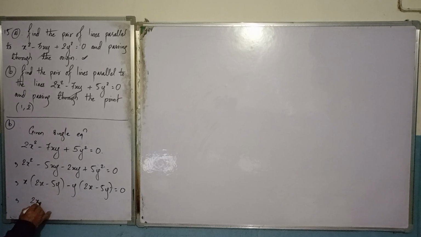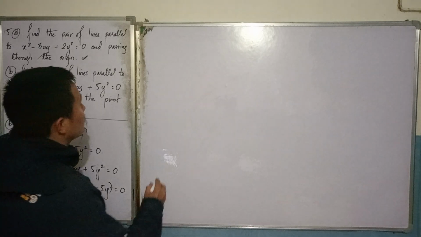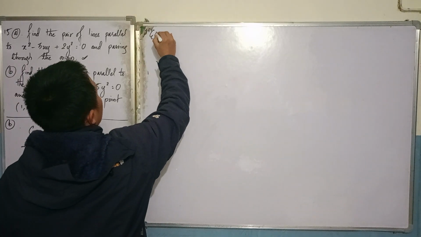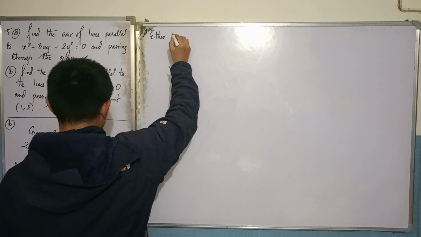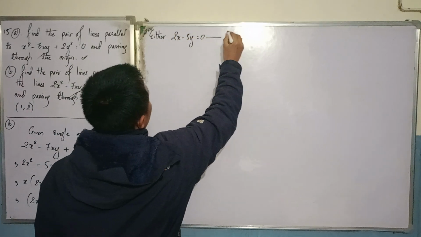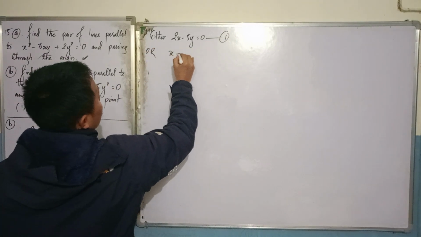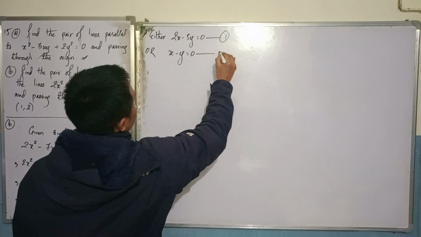Or (2x minus 5y)(x minus y) equals 0. Now either 2x minus 5y equals 0, this is one line, or x minus y equals 0, that is another one.